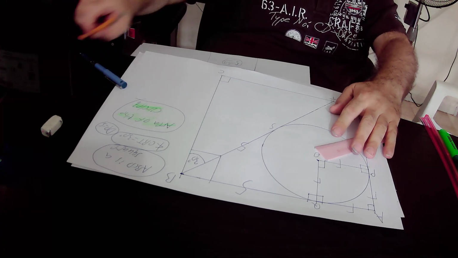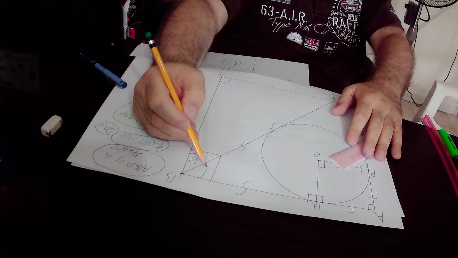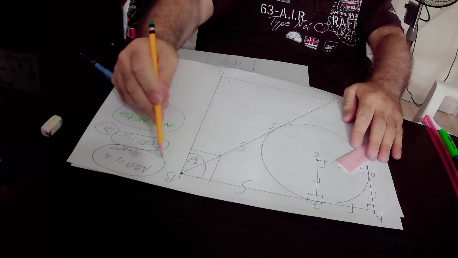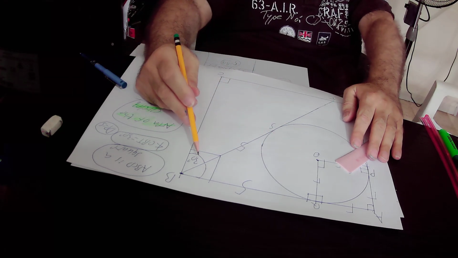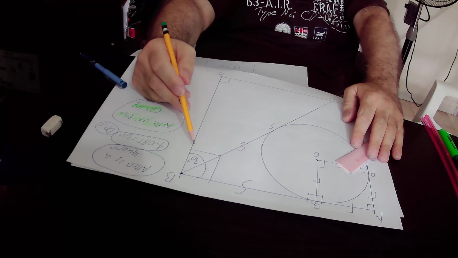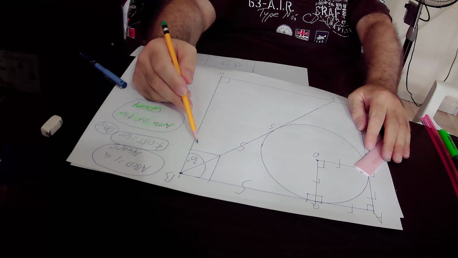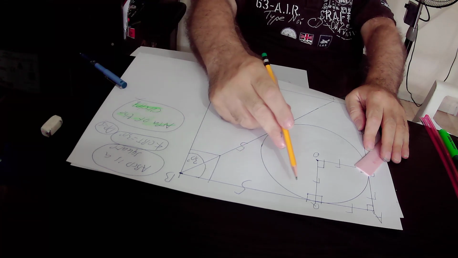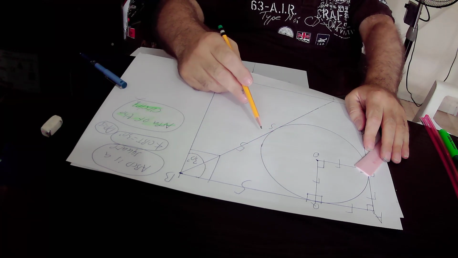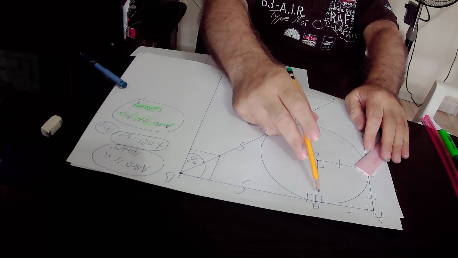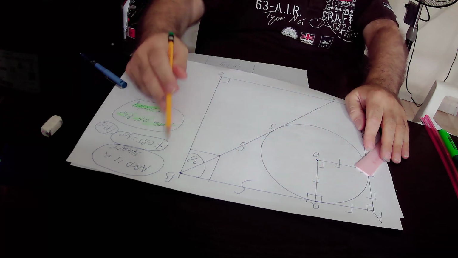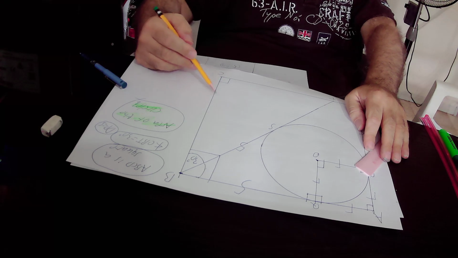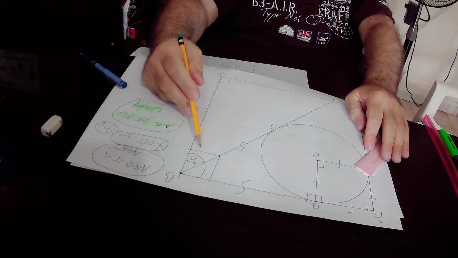What is the size of angle QBS? The size of angle QBS will be equal to the size of angle ABC, the big angle, minus the size of angle TBC.